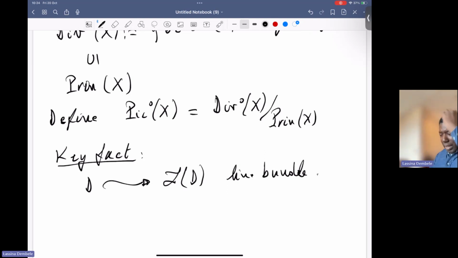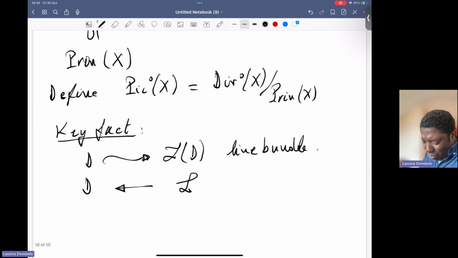And if I have a line bundle, I can also associate a divisor to it. And the key thing is that the degree of this divisor, so the degree of the line bundle, will not depend on the divisor. This is well defined up to isomorphism.